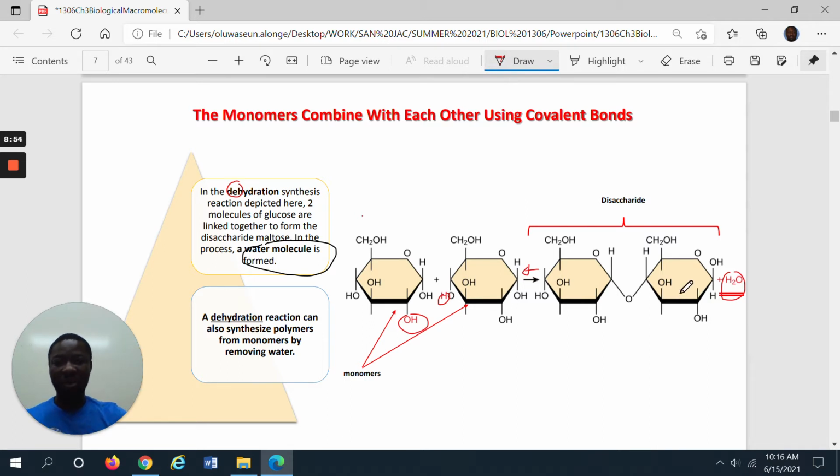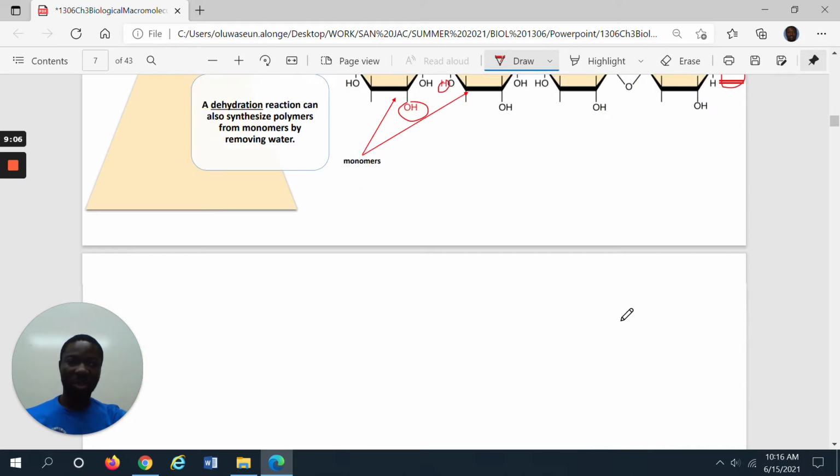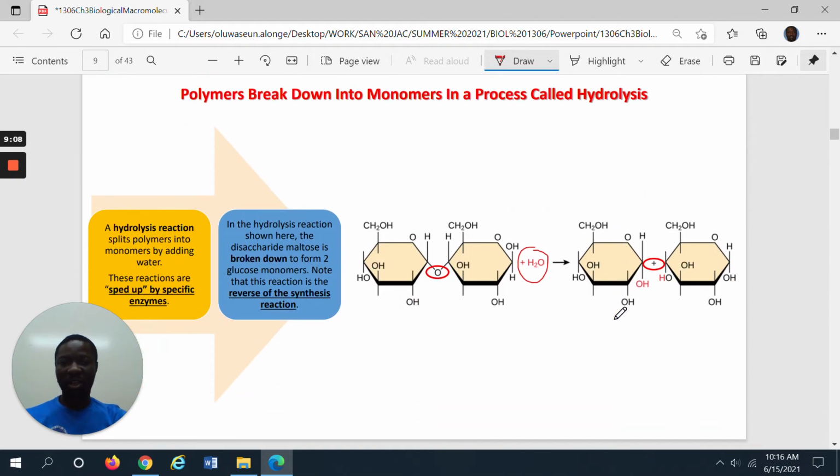When it's coming backward, it is hydrolysis. You are breaking a bond by water molecule. Lysis means break. So you are breaking a bond using water molecules. So let's see here. Here you broke this bond, and all you did to break the bond is to add a water molecule. And now we have different substance here.